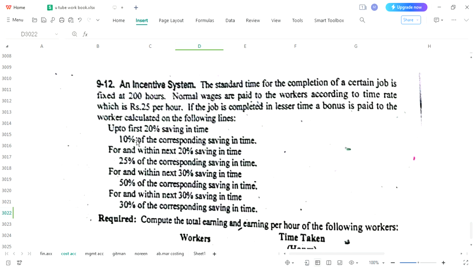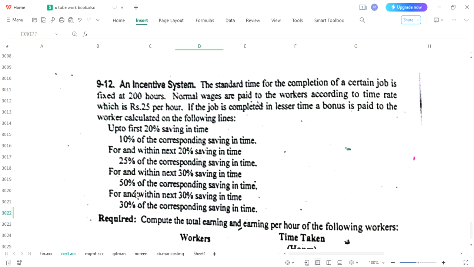We will see for the next worker if he has saved time, but kindly see that for up to the first 20% of saving you will be given 10%, and if saving is more than 20%, then for the next 20% you will get 25% extra amount. And if the time saved is even more than that, we will go to the third option, 30%, and we will give 50% of the corresponding saving time.